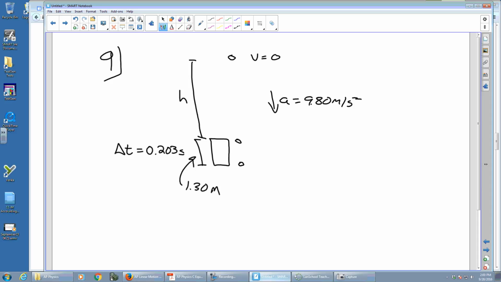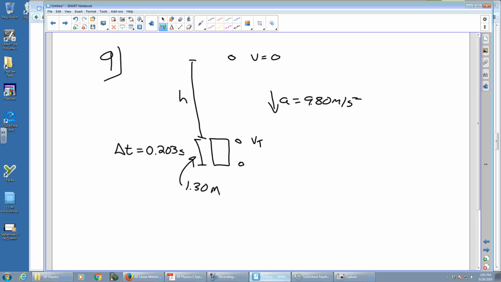What I would suggest doing is figuring out the velocity at the top of the window, and then working backwards and finding the height it needed to drop from to reach that velocity when it gets to the top of the window.